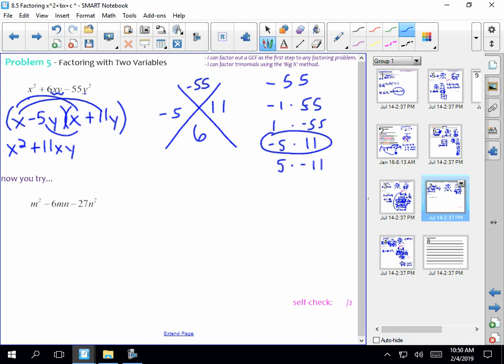Negative 5y times x is negative 5xy. And then negative 5y times 11y is negative 55y squared. So you can see I get the y squared term, the x squared term, and these two in the middle add up to 6xy, which is the middle term. So you just have to tack on a y there to take care of that.